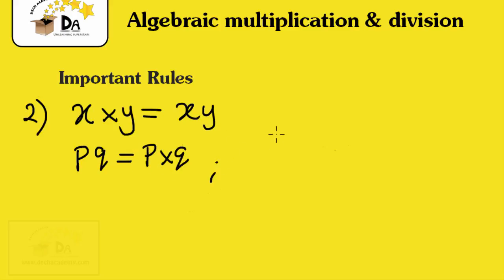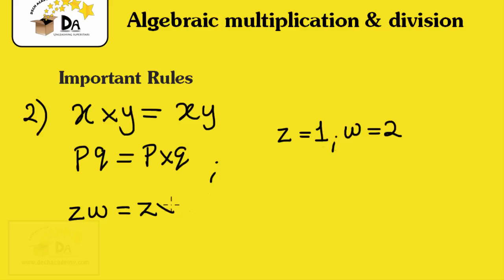So if I tell you that z is a variable, but in a certain instance, it has a value of 1, and w is a variable which has a value of 2. If I tell you to determine what zw is, I'm trying to say what is z times w. And given that z is 1 and w is 2, I'm trying to say 1 times 2, which is 2.